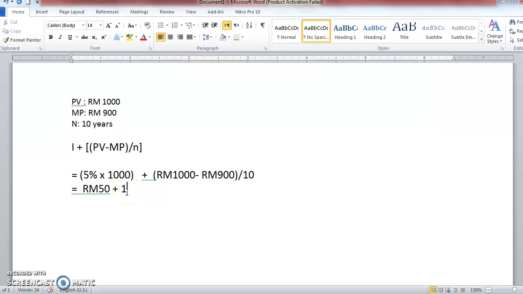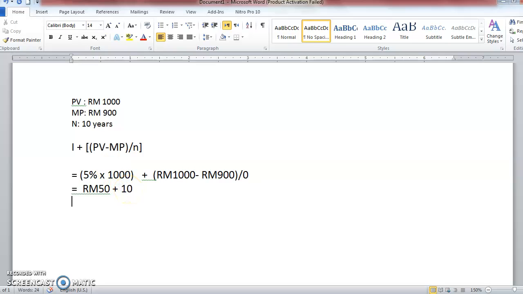Of course, 1000 minus 900 is equal to 100, sama dengan 100 kan? Bahagi dengan 10 tahun maturity. So, you divide by 10 years of maturity, so you will get 10 over here.